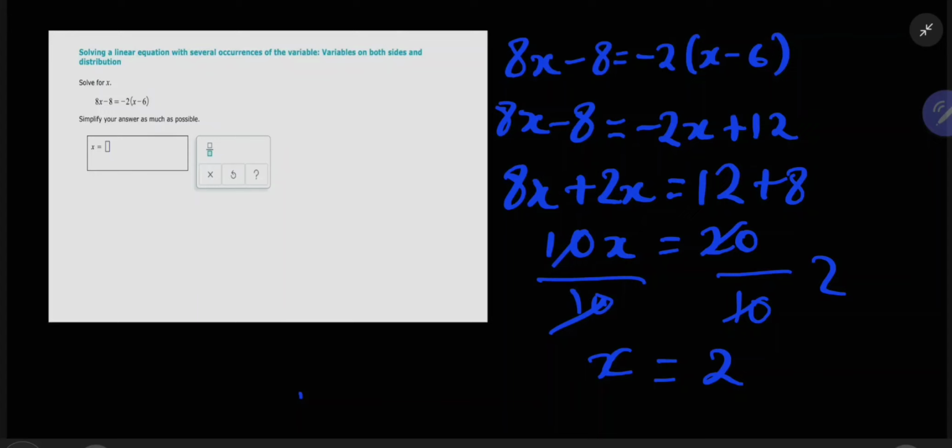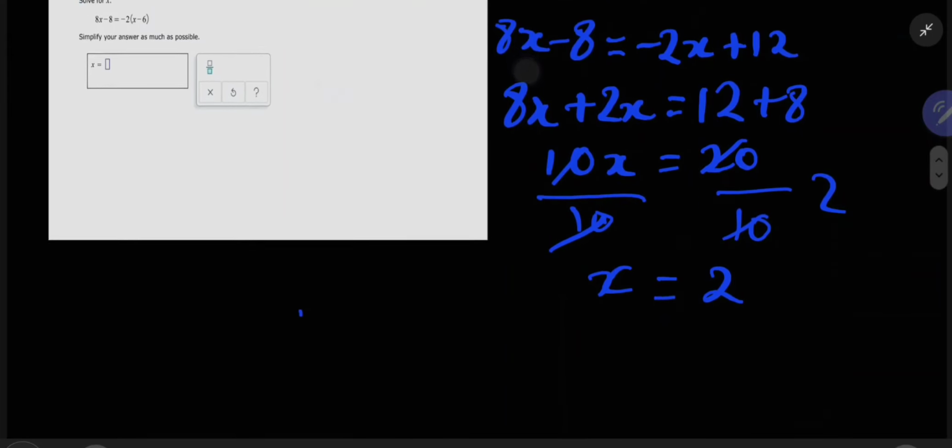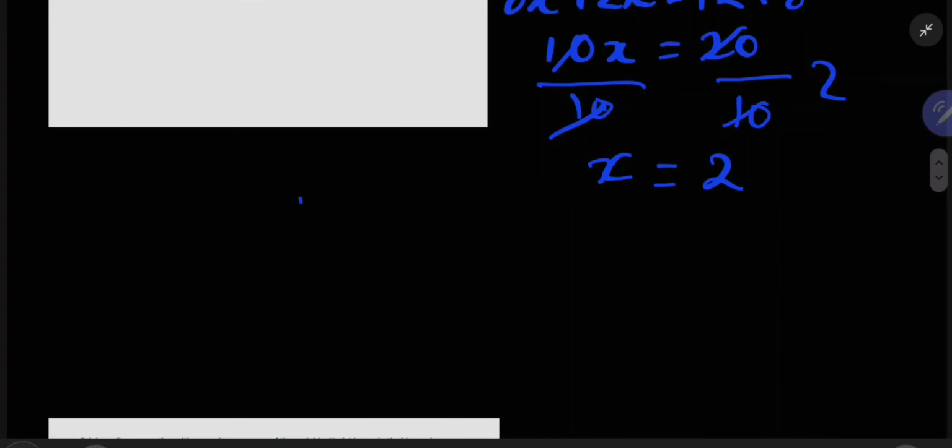When you have two functions equated, or even if you have a function and then a constant on the other side, for example, you could have 8x minus 4 equals 10. This is a constant on the other side. So the only thing you would have to do is to put like terms together, then solve for x.